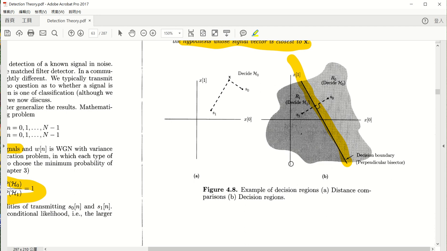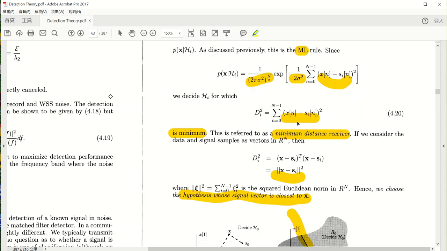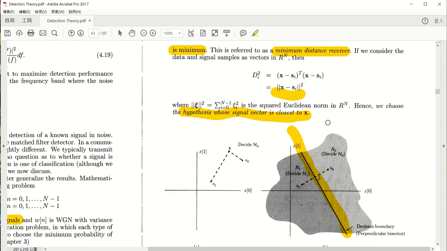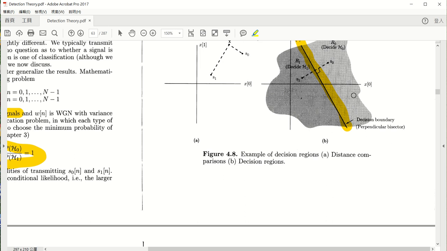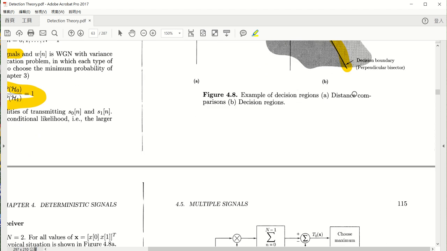Whenever it appears in this region, you always say H1. That's consistent with what we see here, the minimum distance receiver. Under Gaussian assumptions, this minimum distance receiver happens to be the maximum likelihood receiver.